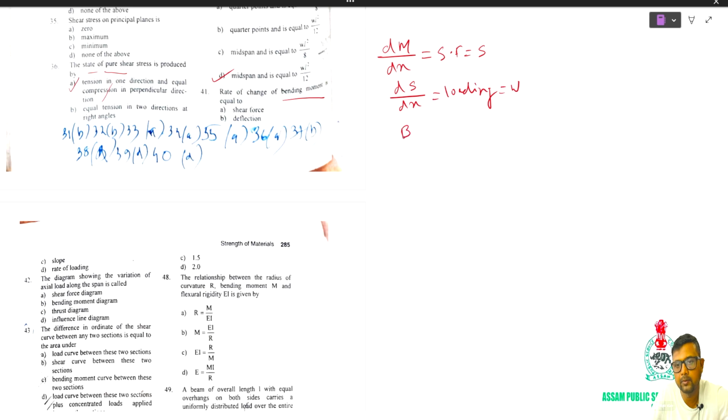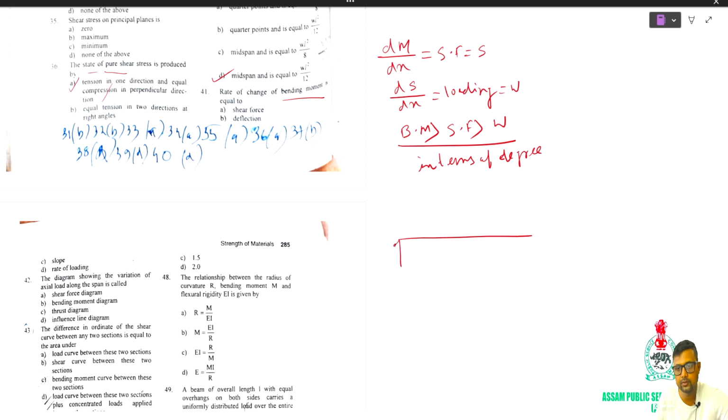That means bending moment is one degree higher than shear force, and shear force is one degree higher than loading, right? We can understand this with the help of a UDL. Suppose this is a UDL.